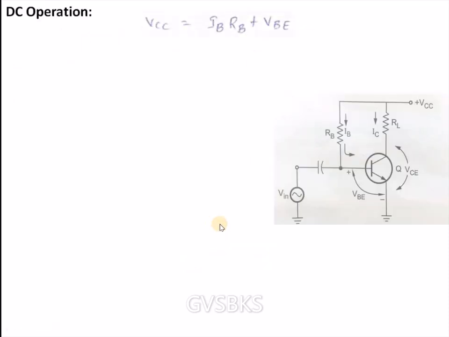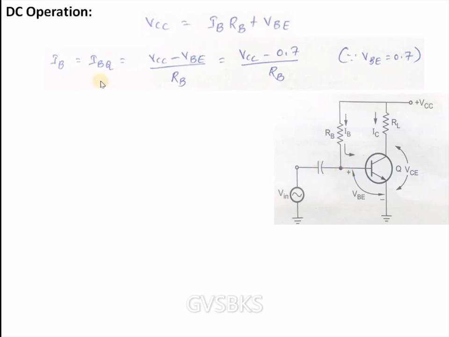In order to get the VCEQ and ICQ values, we have to apply KVL for the input side loop. So if you apply KVL to the input side loop, VCC is equal to IBRB plus VBE. Here IB is the current that is deciding the Q point of our transistor.